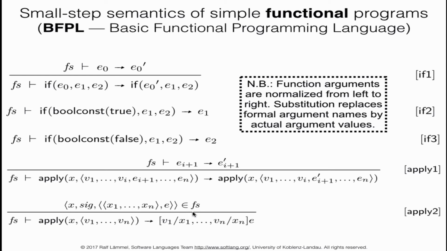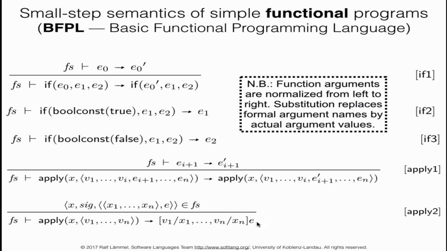What we do here is we look up again the function from the list of functions, and then we actually perform substitution. That is, we replace the formal argument names by the actual argument values within the expression e, which is the body of the function that goes by the name x.